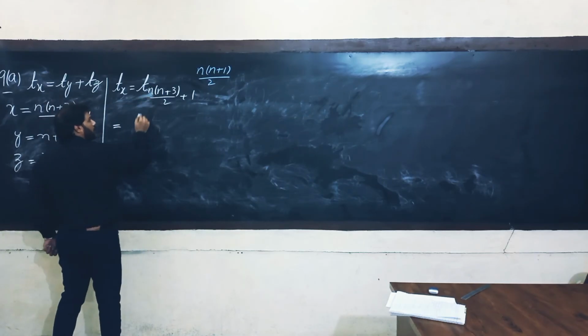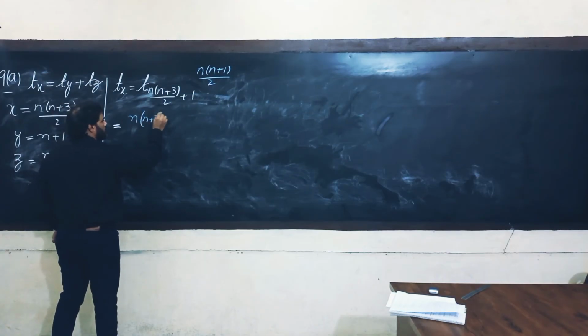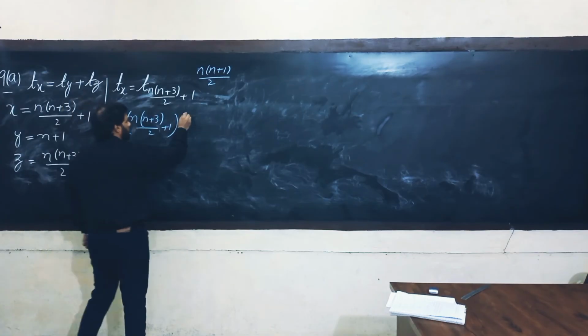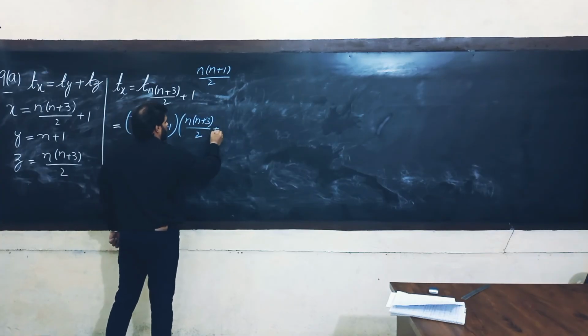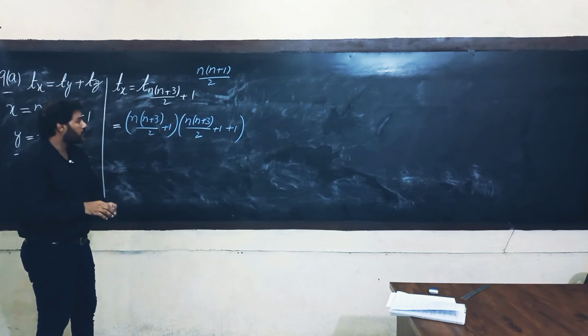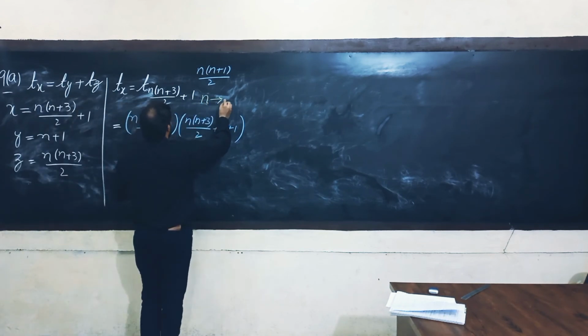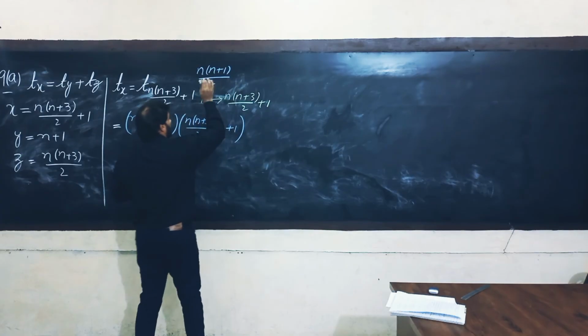So this should be n into n plus 3 over 2 plus 1 into n plus 3 over 2 plus 1 plus 1. If you have a confusion, I have just replaced n by n into n plus 3 by 2 plus 1 in this formula.